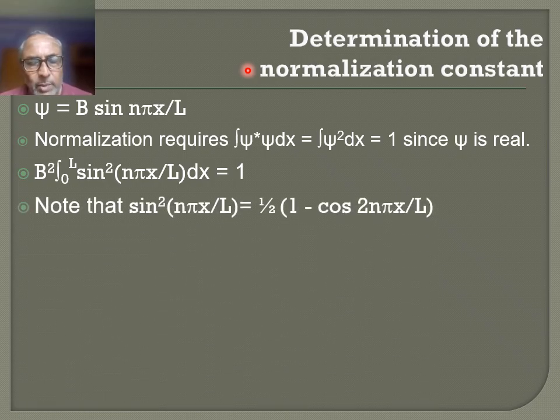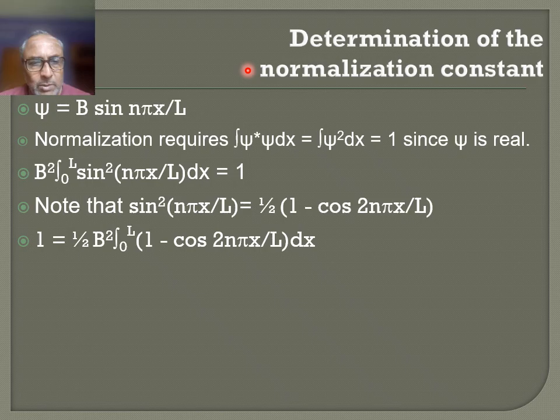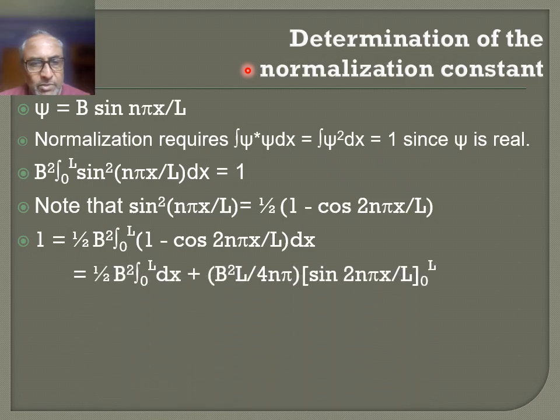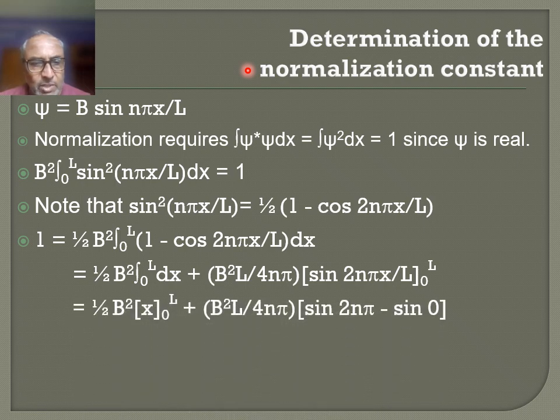Note that sine squared n pi x by L is equal to half into 1 minus cos 2 n pi x by L. So 1 is equal to half b squared times integral 0 till L 1 minus cos 2 n pi x by L dx, which is equal to half b squared integral 0 till L dx plus b squared L by 4 n pi times sine 2 n pi x by L from 0 till L, which is equal to half b squared times x from 0 till L plus b squared L by 4 n pi into sine 2 n pi minus sine 0.